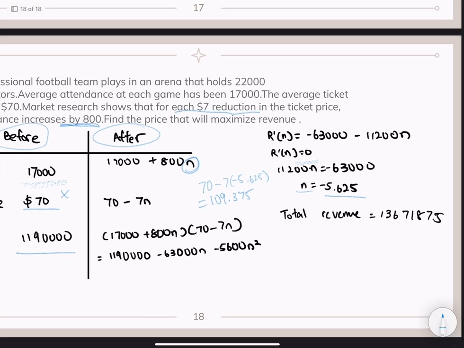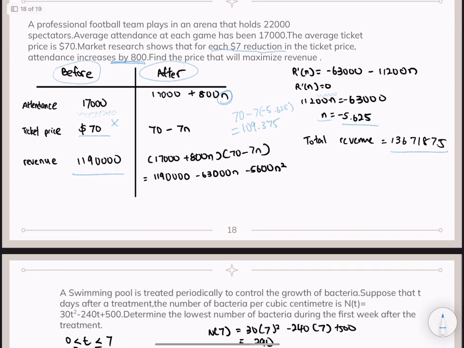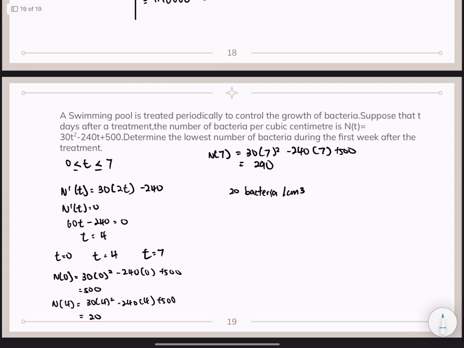And then the total revenue is 136,718.75. So let's move to the next question.